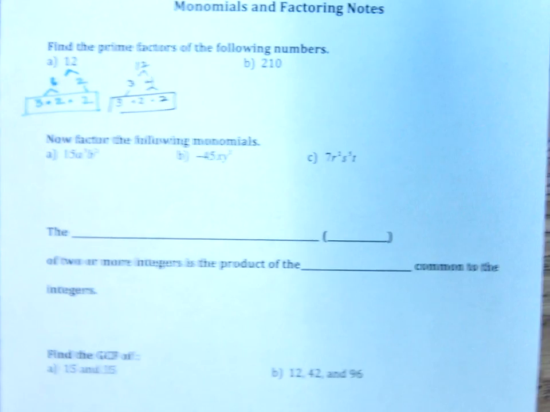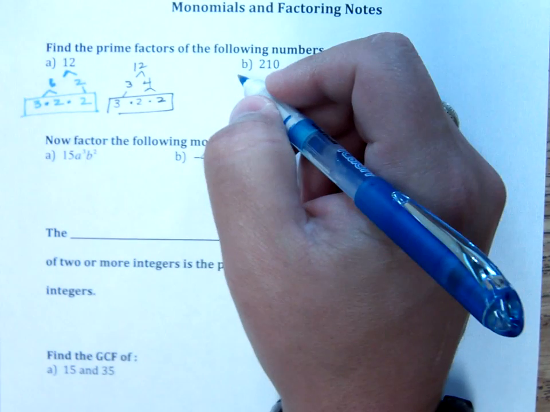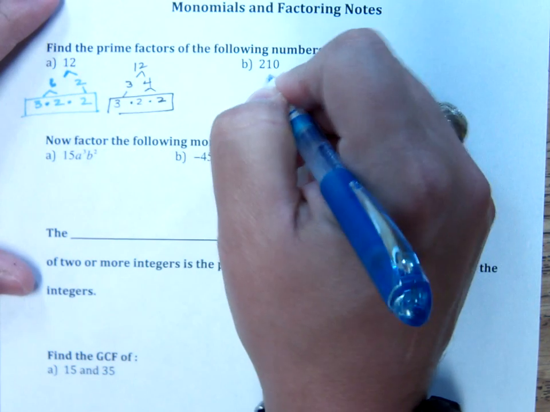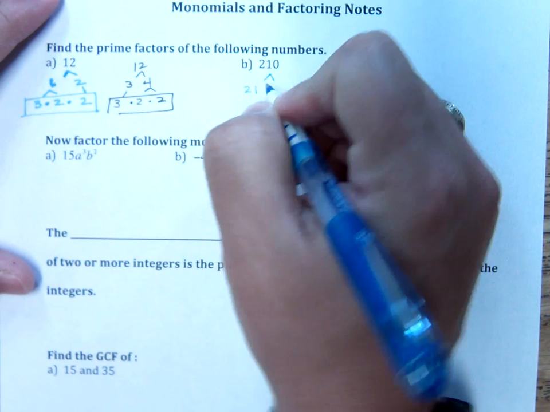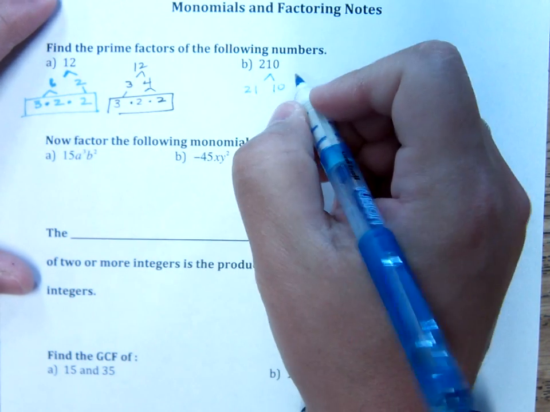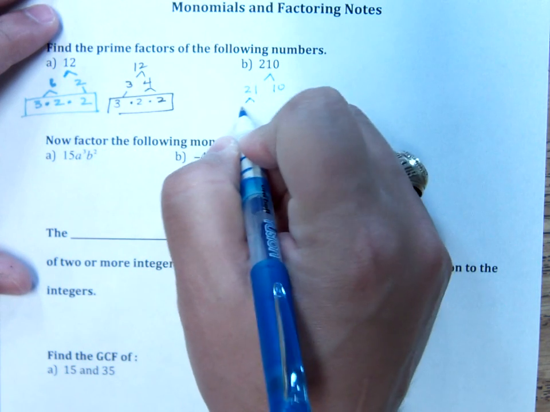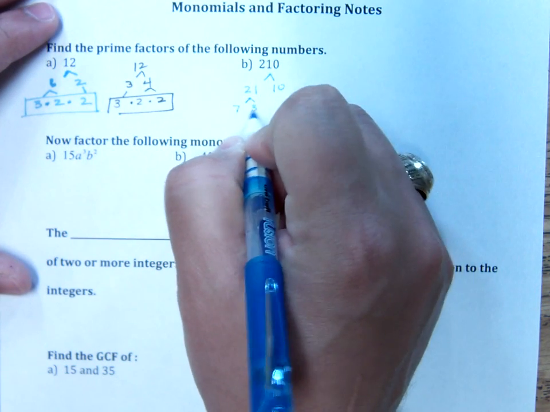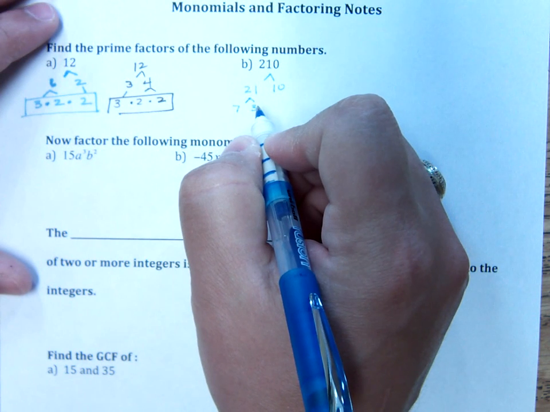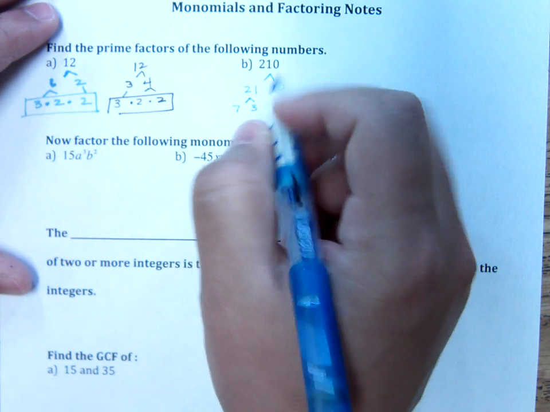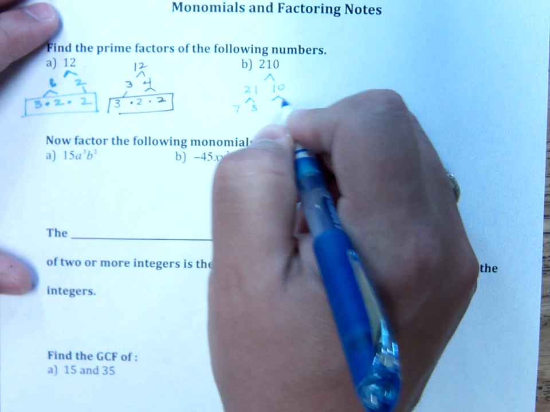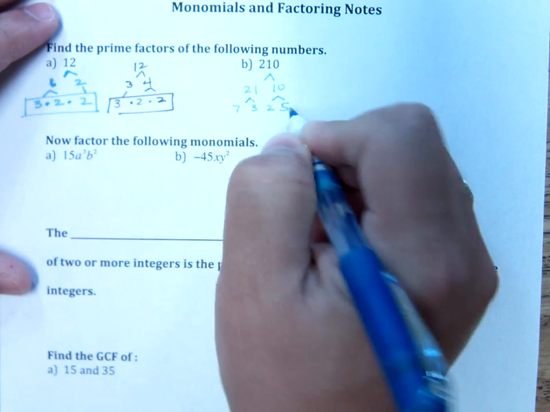Let's look at 210. Okay. Again, the first thing I think of is 21 times 10. And there's other ways to do this, but we're going to do it with what we can see first. We keep breaking down 21, we get 7 and 3. Break down 10, you get 2 and 5.